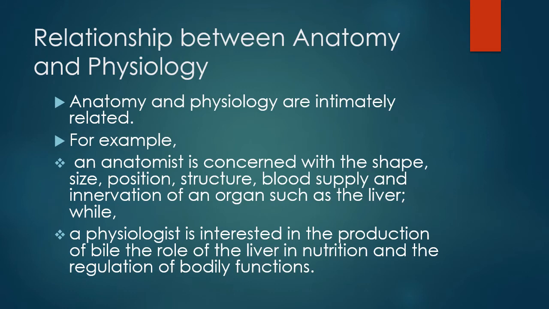An example to look at is that an anatomist is concerned with the shape, size, position, structure, blood supply, and innervation of an organ such as the liver, while the physiologist is interested in the production of bile by the liver, then the role of the liver in nutrition and the regulation of body functions.